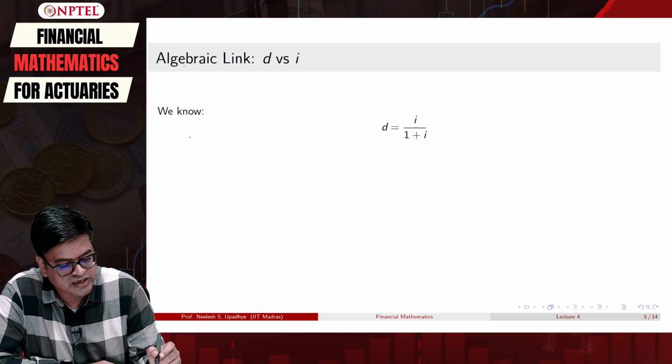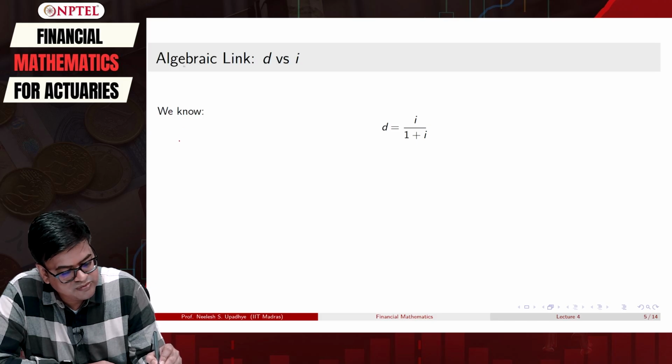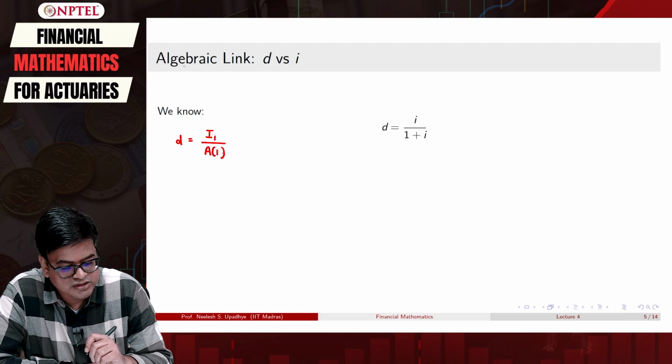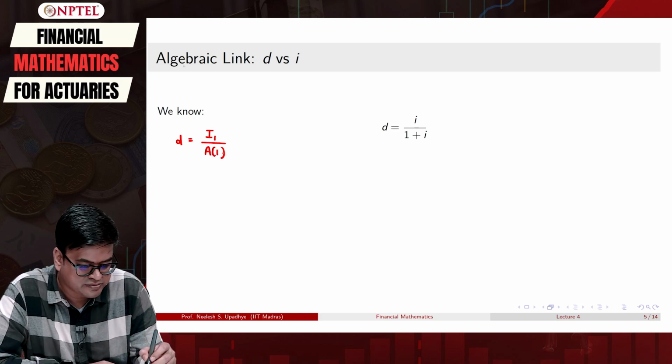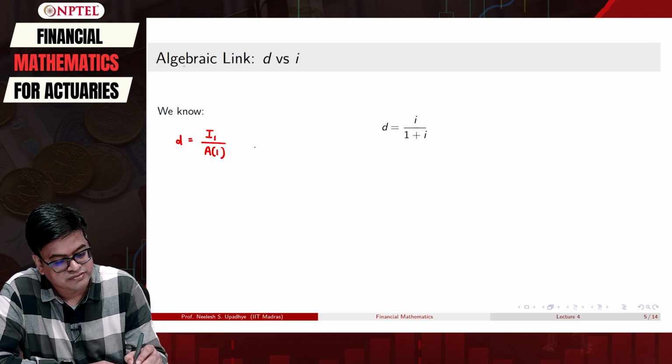Let us quickly revise what we have done in yesterday's class. Essentially, D is the discount rate, which will be the interest rate earned upon the accumulated amount function at the end of the period, that is A1.